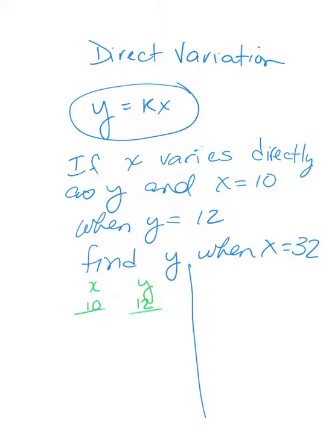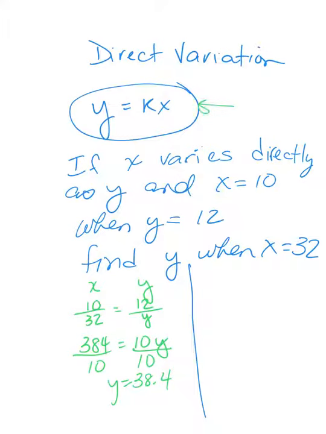Find Y. So I'm going to put a Y here because I don't know it, when X is 32. You understand that? And what would you do? Cross multiply. So what's 32 times 12? When you divide both sides by 10, Y equals 38.4.